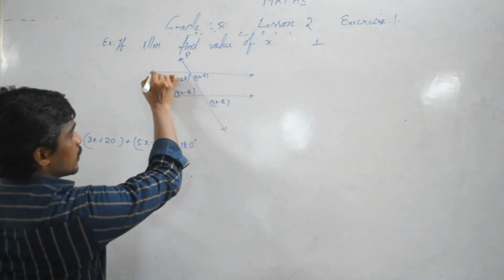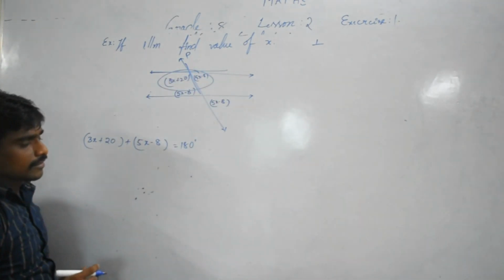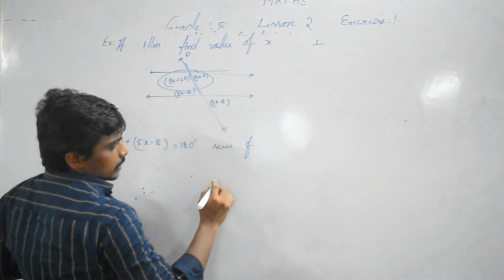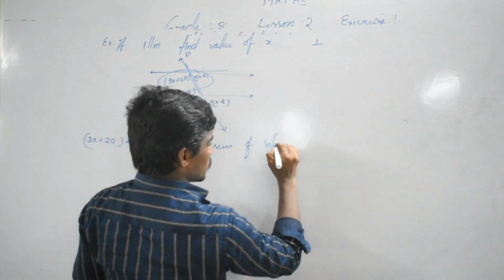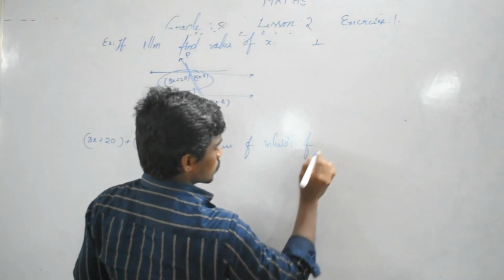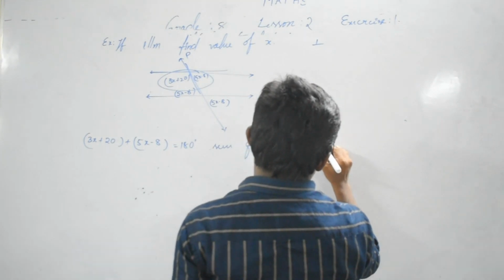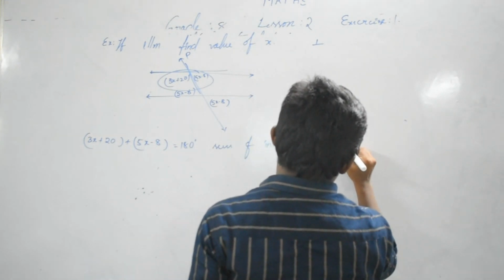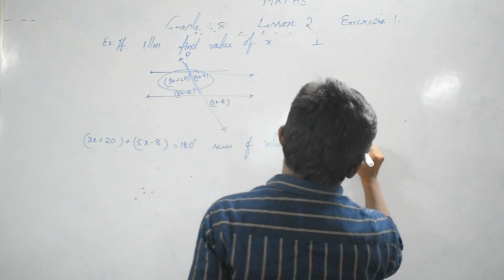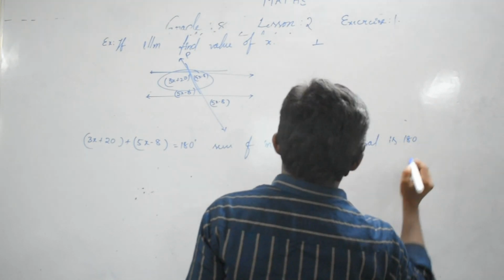Why? Because these are adjacent angles. The sum of the interior angles on the transversal is 180 degrees.